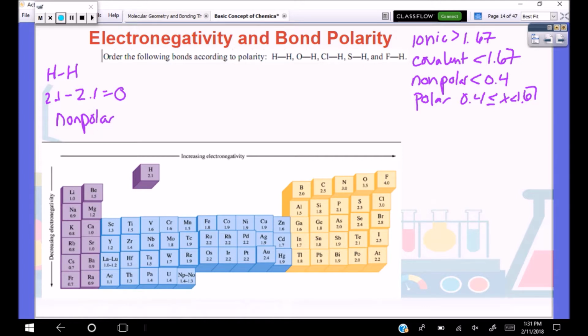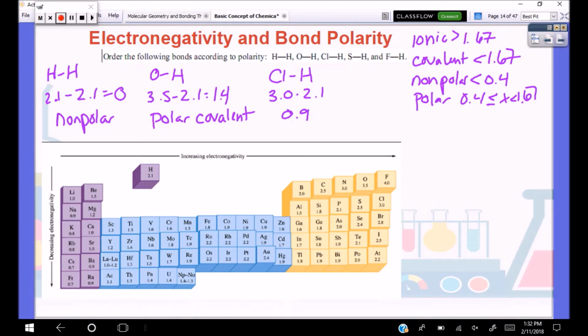With OH, you're going to have 3.5 minus 2.1, which is going to equal 1.4, which is going to be polar covalent. It is less than 1.67, but still greater than 0.4. Then we have Cl and H, Cl is 3.0, so 3.0 minus 2.1, this is going to be 0.9, which is polar covalent.